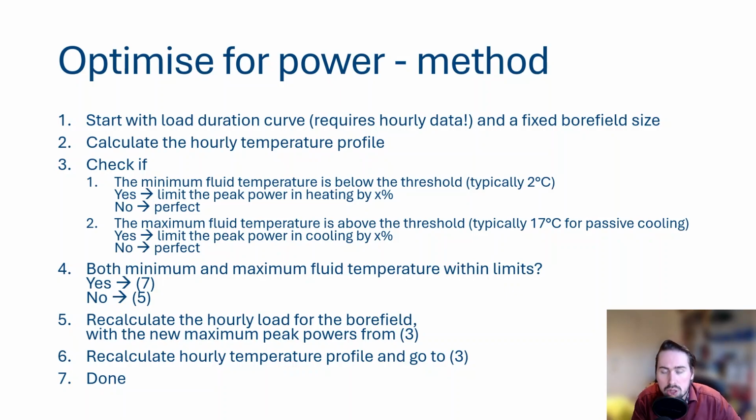If we cross the minimum fluid temperature limitation, this means that we have too high a heating peak onto the borefield, because we extract so much power from the ground that we go below this threshold. So if that's the case, we need to extract less heat from the ground, so we need to limit our peak power again by a certain percentage.